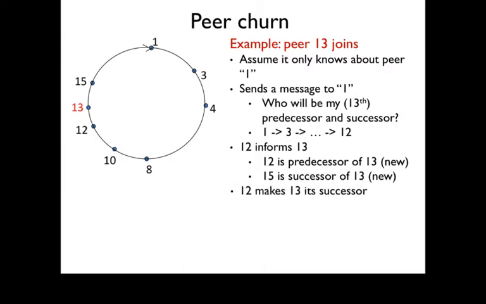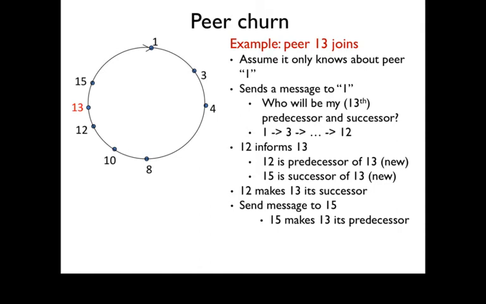Then 12 will make 13 its successor. 13 will send a message to 15, and 15 will make 13 its predecessor. So the integrity of this ring is maintained at the end of it.